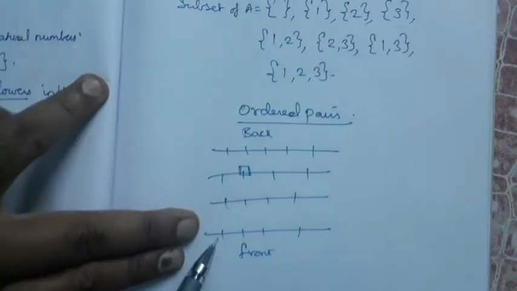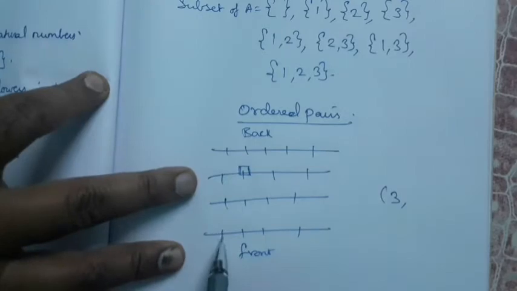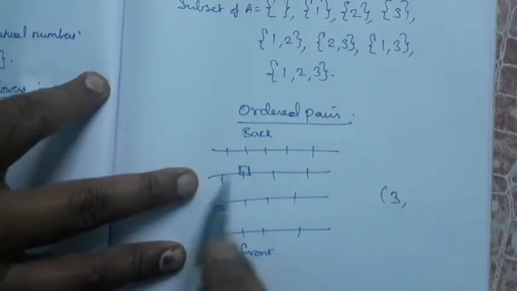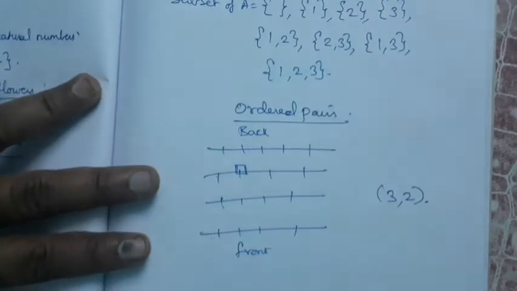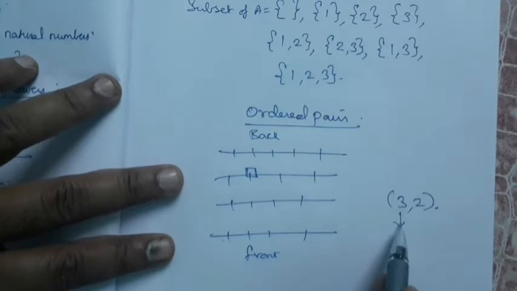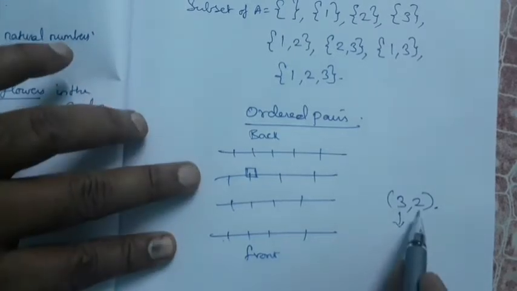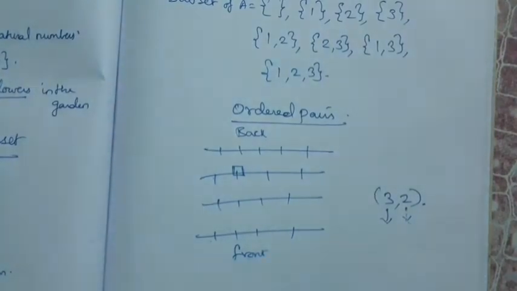This is first row, second row, third row. I can mention 3 comma, and we'll start from here 1, 2, 3 comma 2. So this is nothing but an ordered pair. In the ordered pair, the first number defines the row, and this coordinate defines the position of the student. 3 comma 2.